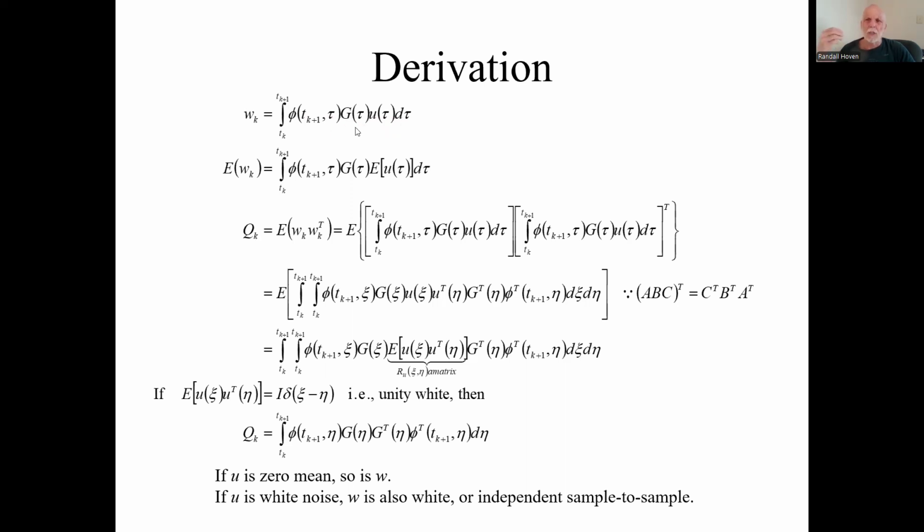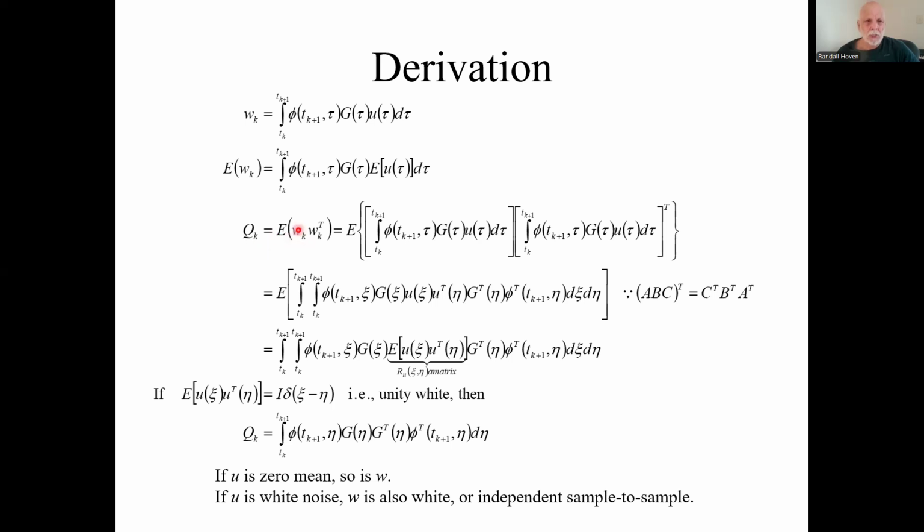Those are constants of your state space model. They're not random. Input is random. So you end up with this result, but look, if the input mean is 0, the output mean is 0. That's good.